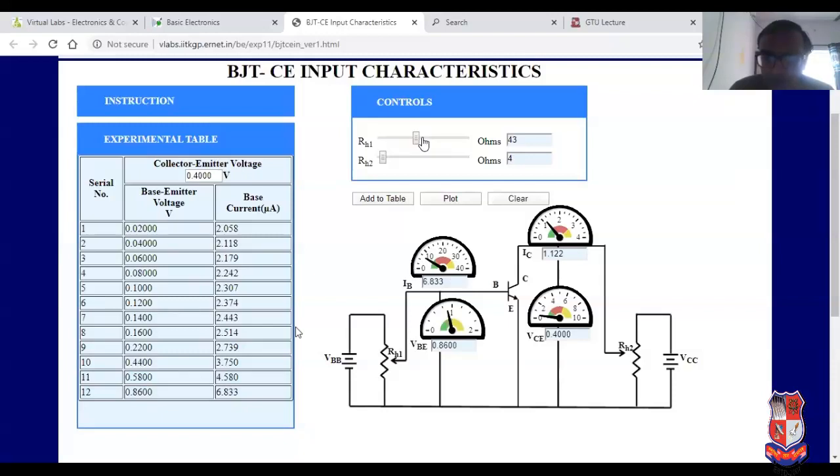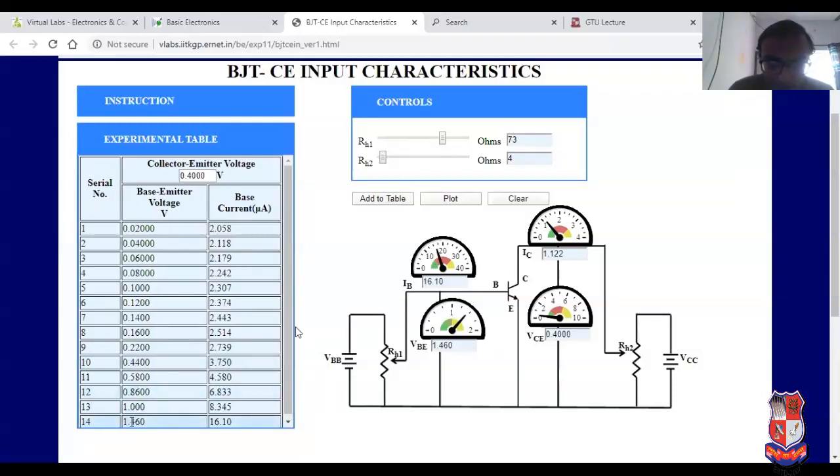So see, this is the variation that you are able to observe. See this very carefully. 1 to 1.46. See this variation. I have highlighted with the help of marker. See this. 1 to 1.4 volt, and here current is changed from 8 to 16.